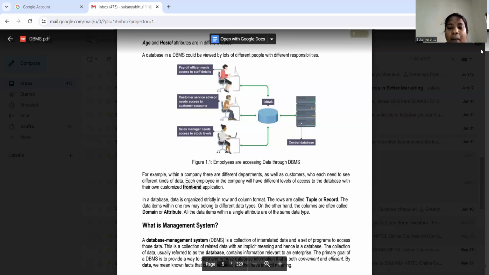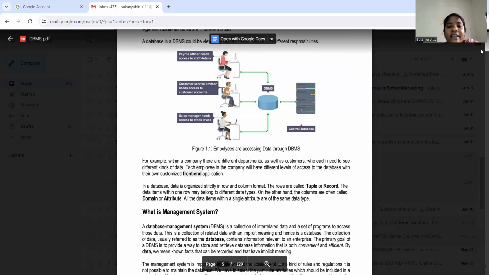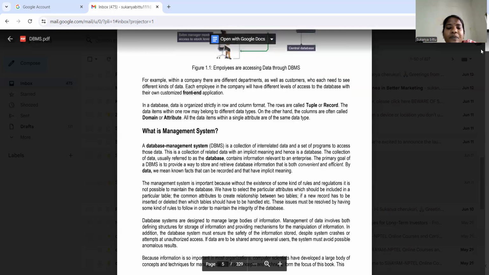The rows are called tuples or records. The data items within one row may belong to different data types. On the other hand, the columns are often called domain or attribute. All the data items within a single attribute are of the same data type.